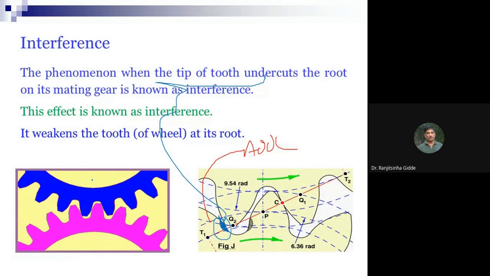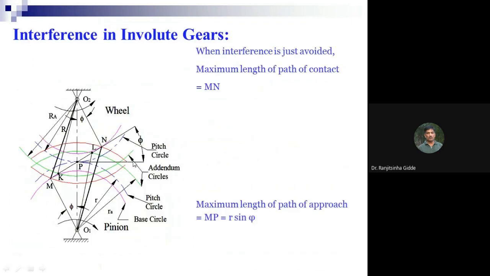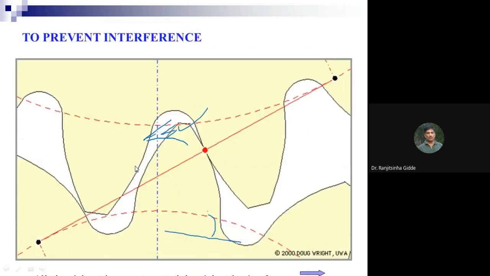We can move this blue gear in this direction and this one in this direction. So suppose this is the center distance initially. So we can have an increase in the center distance that will keep this tip away from the root. So by this way also we can avoid the interference.